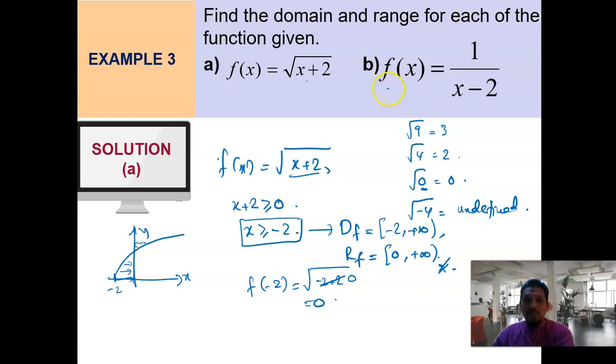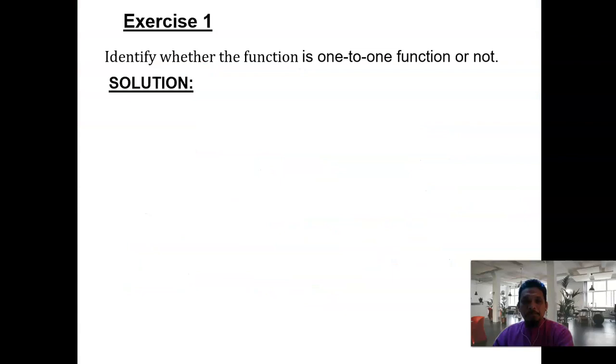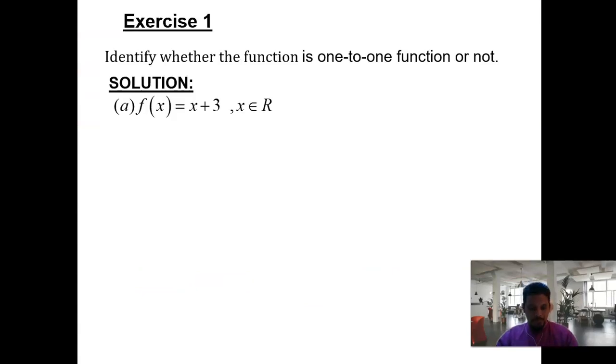For question B, f(x), this one here, you try by yourself. And for exercise 1, identify whether the function is 1-to-1 or not. For this one, yes, it is a 1-to-1 function. You try by yourself.